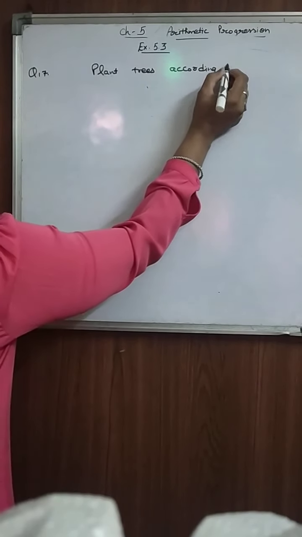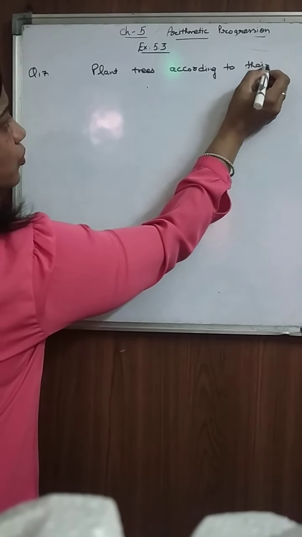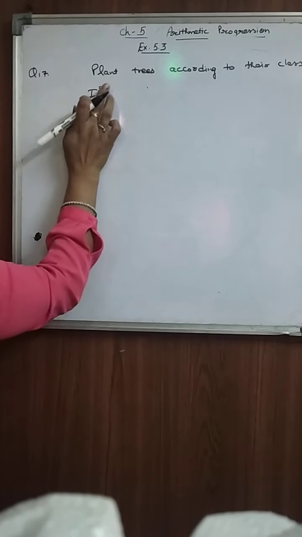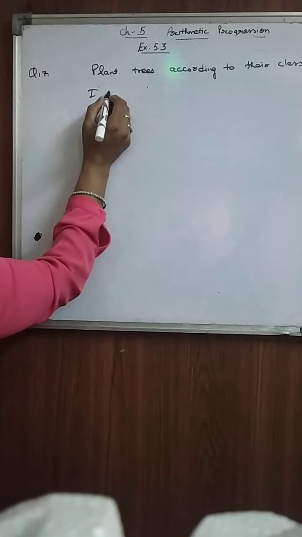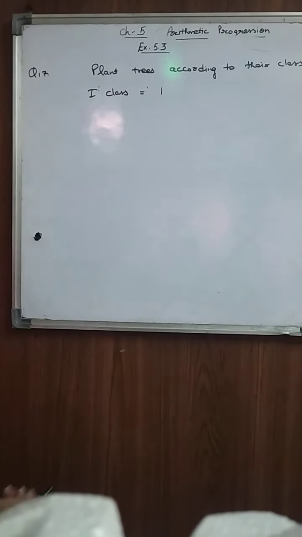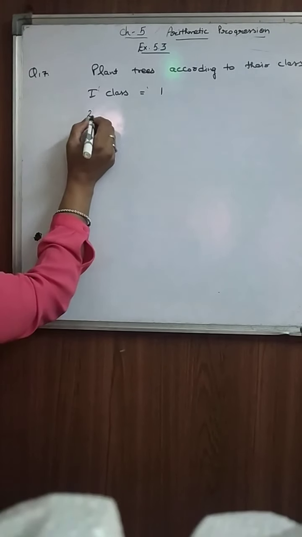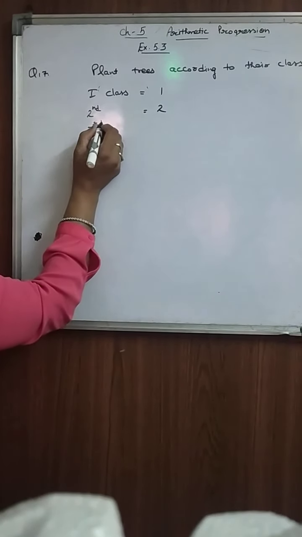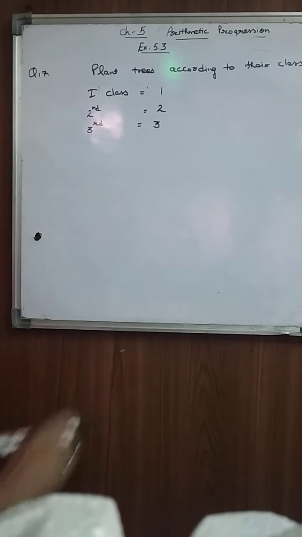If a student is studying in the first class, the student will plant 1 tree. If he is studying in the second class, he will plant 2 trees. If he is studying in the third class, he will plant 3 trees.